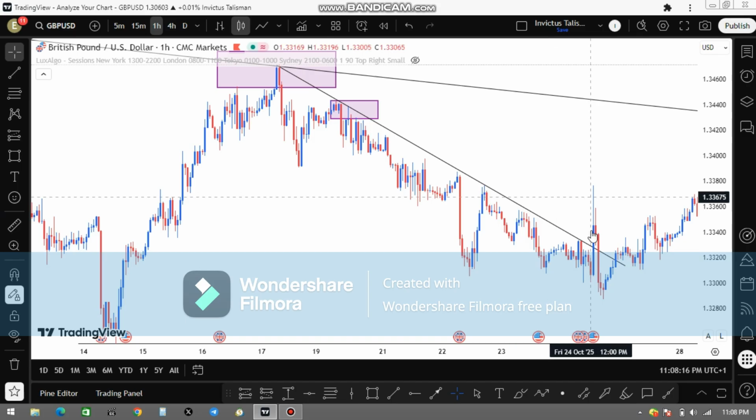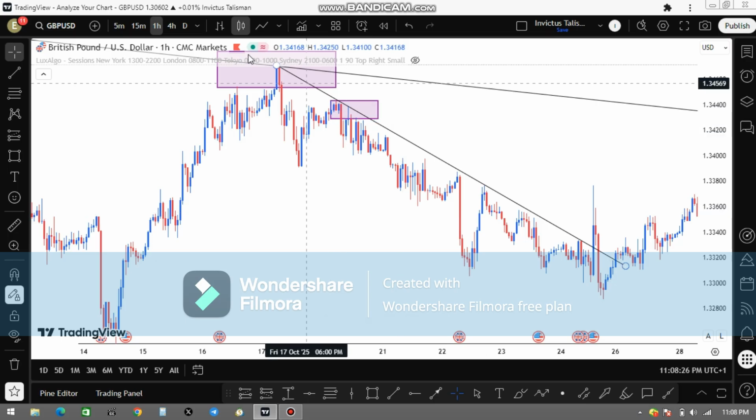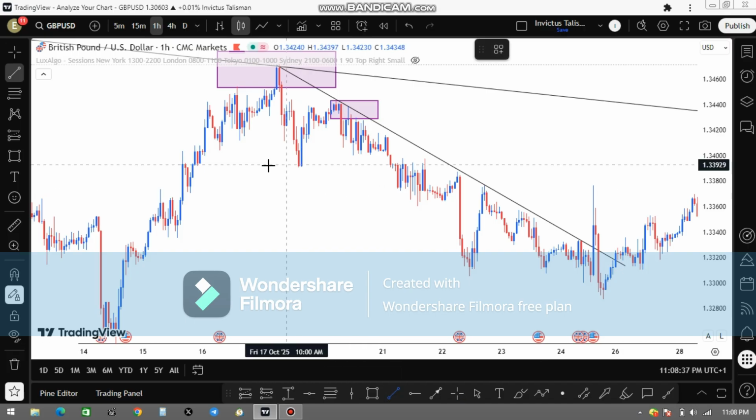Then a little range, pull back up, weak, and drop before another corrective buy happened again. So what we basically do here is, after we've drawn these two highs, we're going to draw the support and resistance levels. But the main thing I'm waiting for here is the third touch on the trend line, and I'm coming to that.